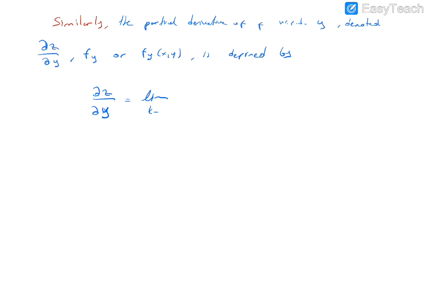Instead of the h we write k, but you can use the h, it does not matter. f of x comma y plus k minus f of x comma y over k, if this limit exists. Again, we can say that this is the derivative of z with respect to y.